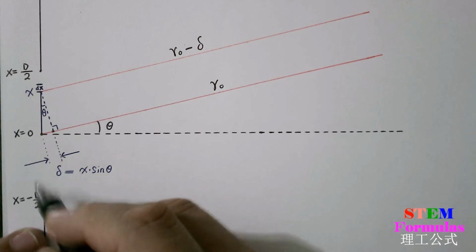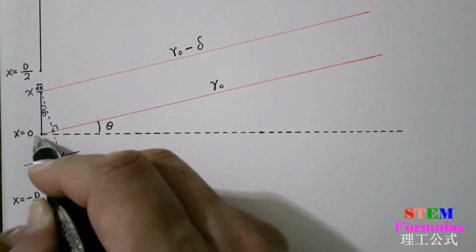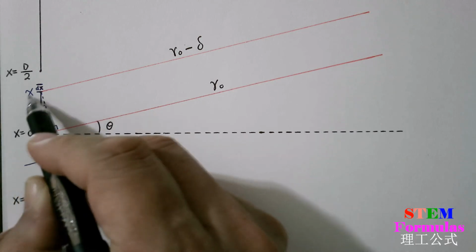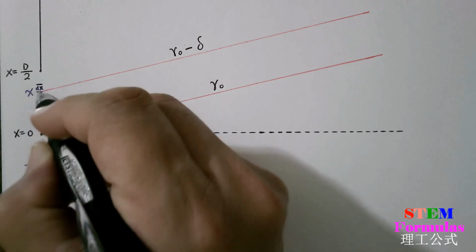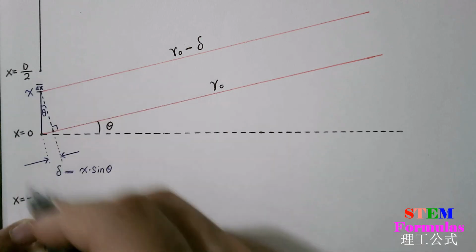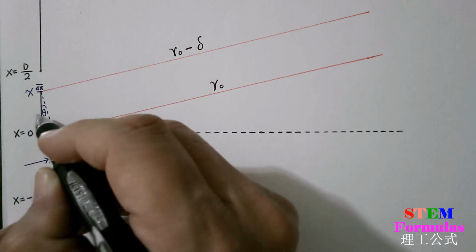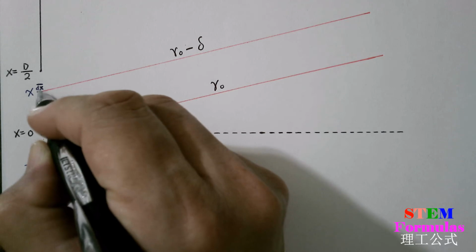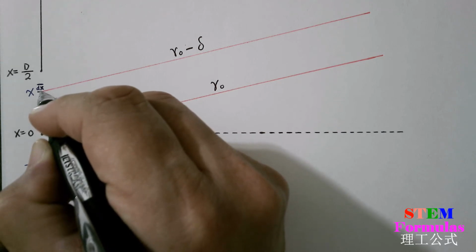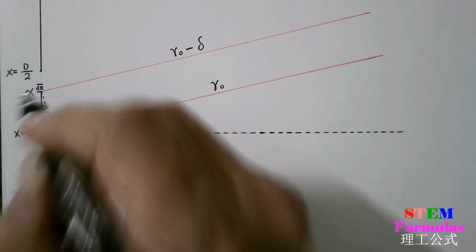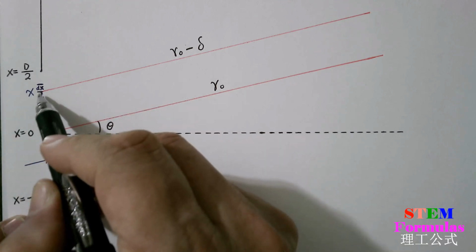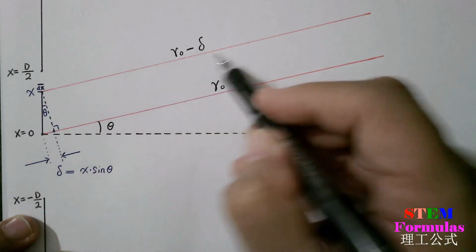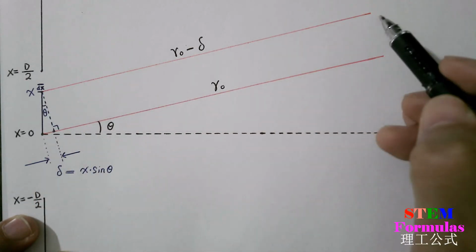In the slit, the center point is x equal to 0. At any point x, because we divide the whole width d into many small widths, the little interval is dx, and we treat dx as a light source. This light source will radiate waves and propagate to the viewpoint y.